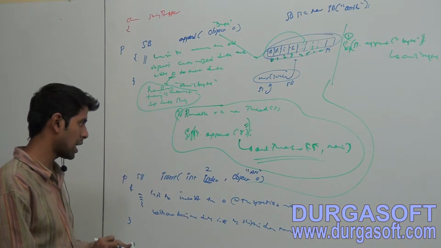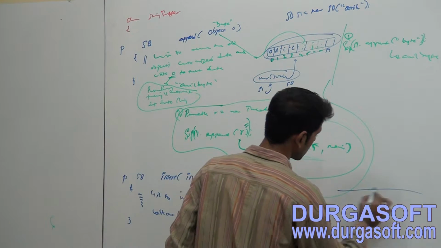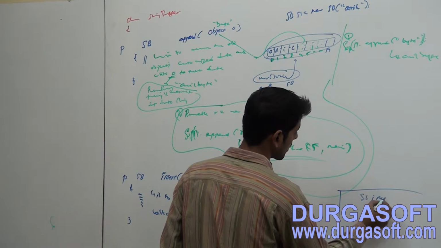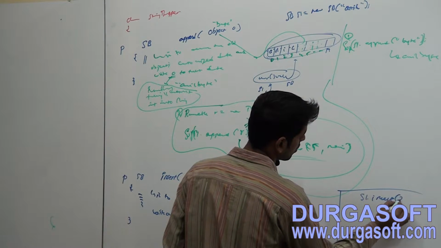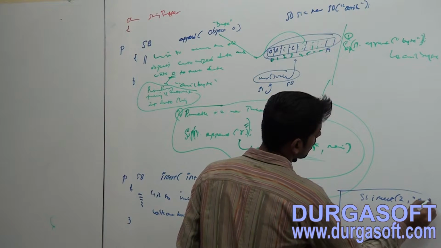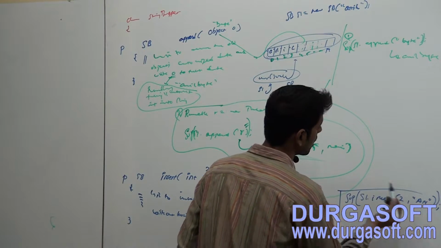Now if I call the StringBuffer object as s1 dot insert of 2 comma an, what is the output? SOP of s1, like this.